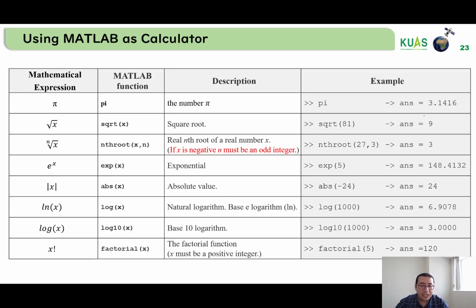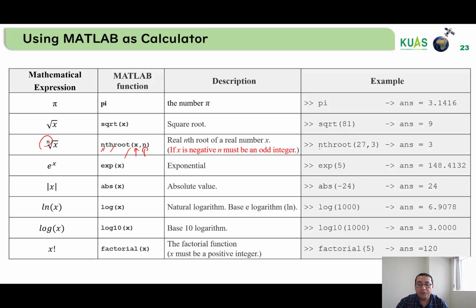What if we need to take the nth root, like for example the 3rd root or 4th root or 5th root? This is the nth root. So if we have the nth root, they write nthroot, nth is like the order, and then root. And then write the number you wish and the root you need to take.